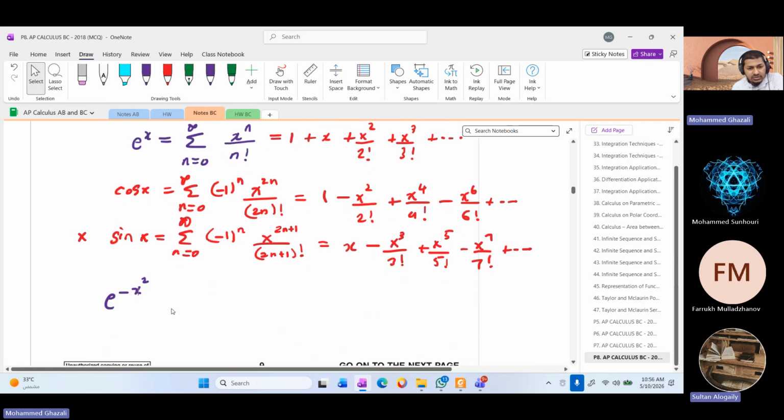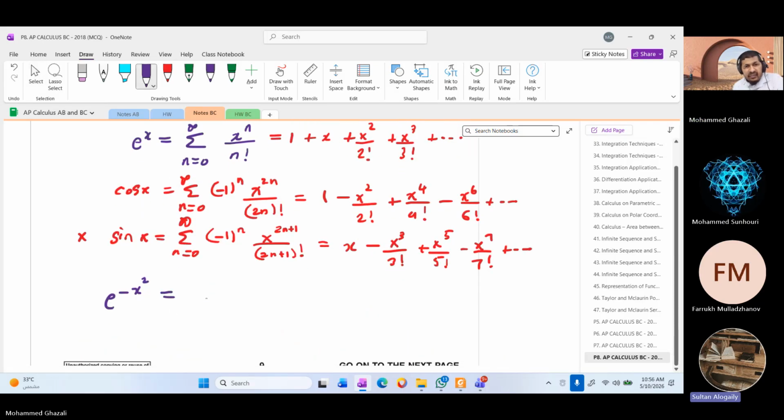Let's check this. n equals 0 to infinity, and we got x gets replaced with negative x squared to the power n over n factorial.